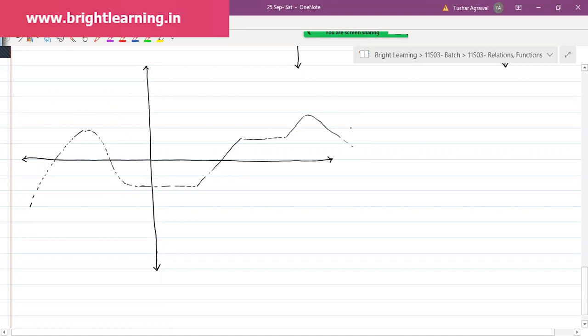This is my graph of y is equal to f of x.